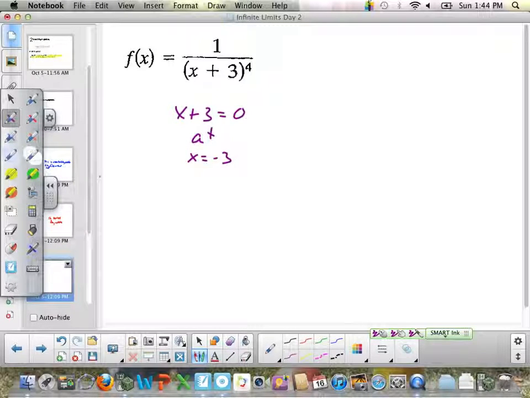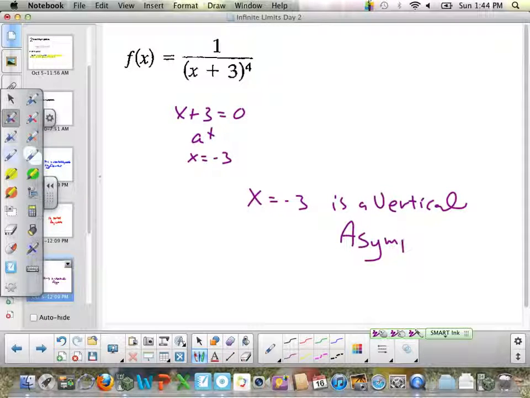There's no way the top will be 0 because it's always 1. There's no variable up there to change it. So x equals negative 3 is a vertical asymptote. And so that means we're approaching infinity or negative infinity. In this case, because this is a positive number, we're approaching positive infinity from both the left and the right.